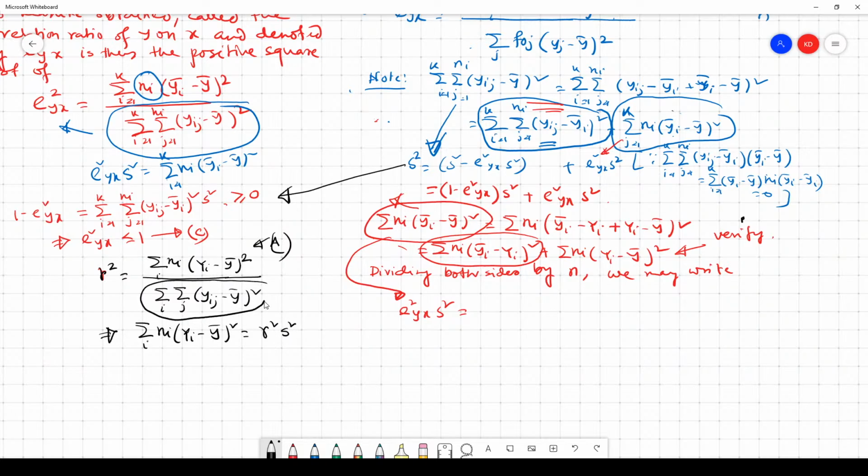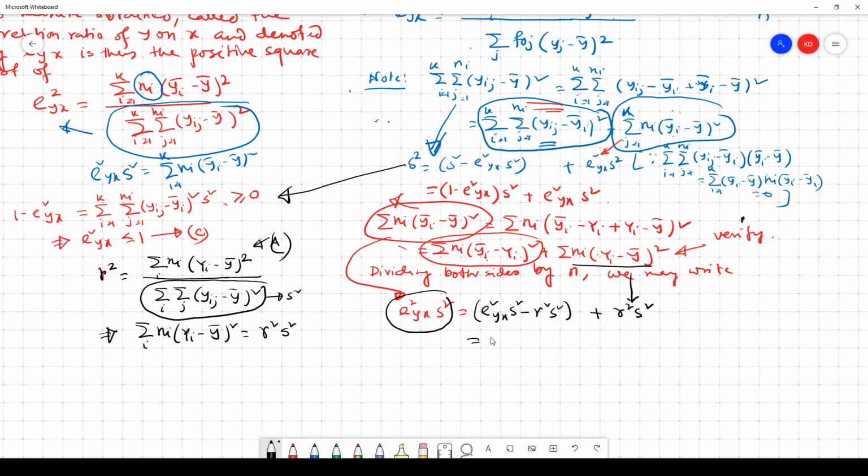And e square yx s square is a sum of two parts: one part is r square s square, then the sum over ni small y bar minus capital Yi whole square. Please listen carefully: the sum over ni small y bar minus capital Yi whole square is nothing but e square yx s square minus r square s square.